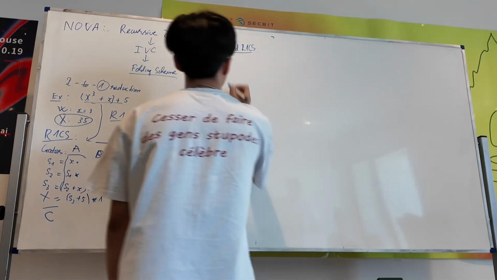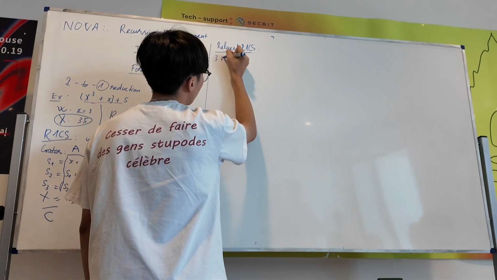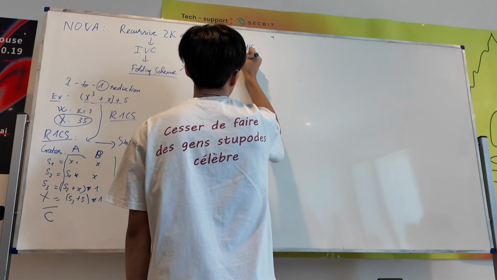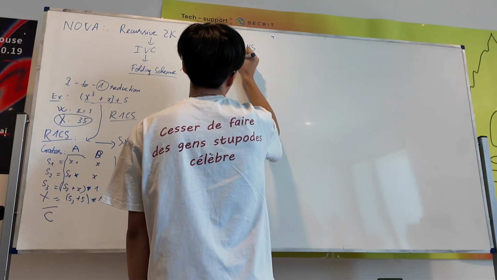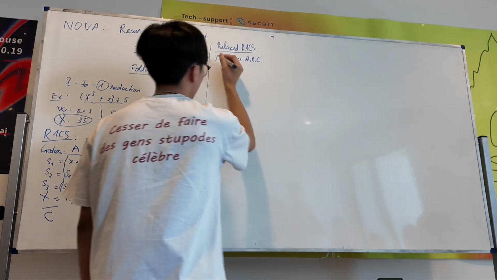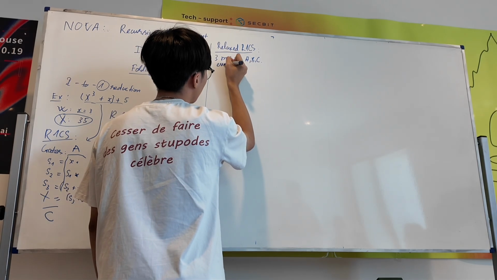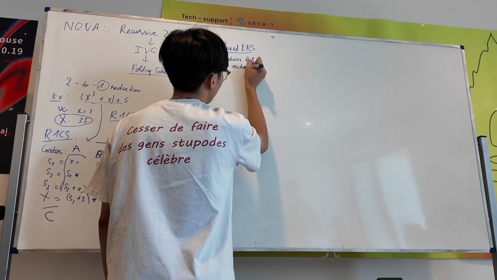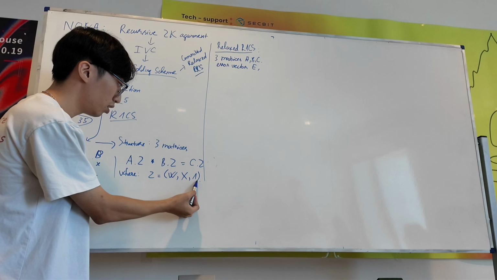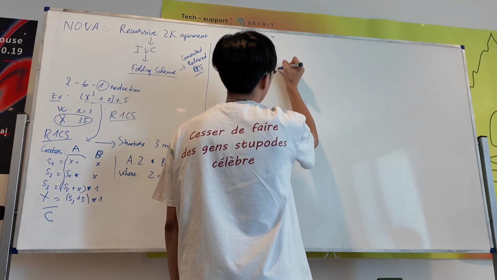Basically, our relaxed R1CS includes three matrices A, B, C like this. But it also includes an error vector E, and now instead of using the number one, it uses a scalar u.